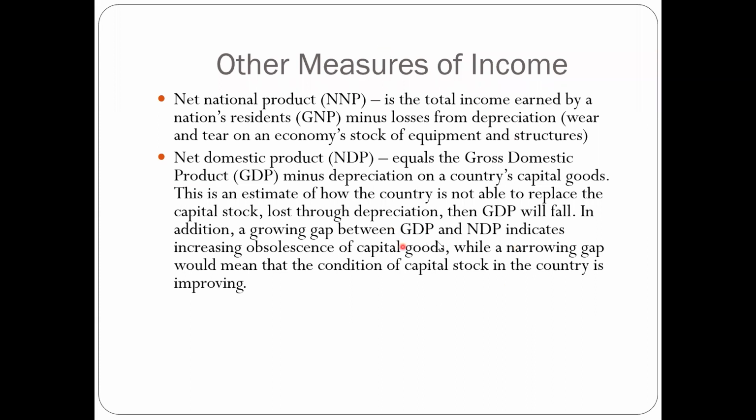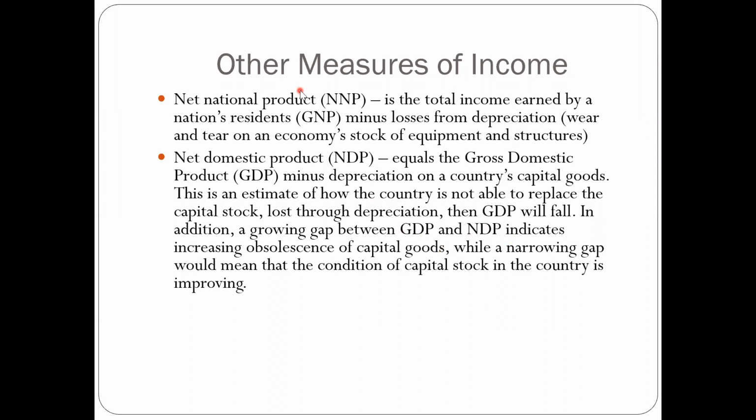So we will have a gap between the gross domestic product and the net domestic product. This means that we have a larger share of depreciation. So we will have a smaller gap, or a narrowing of the gap. This means that we have improvement in capital stock.